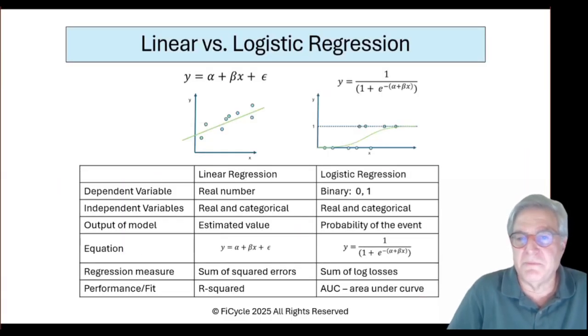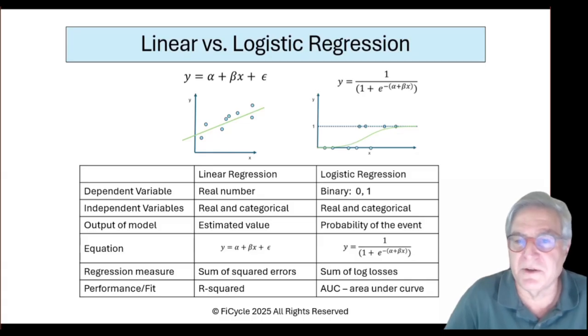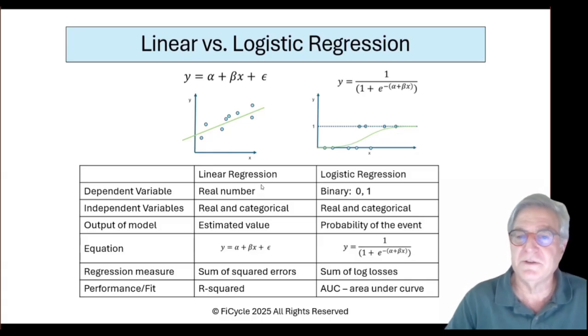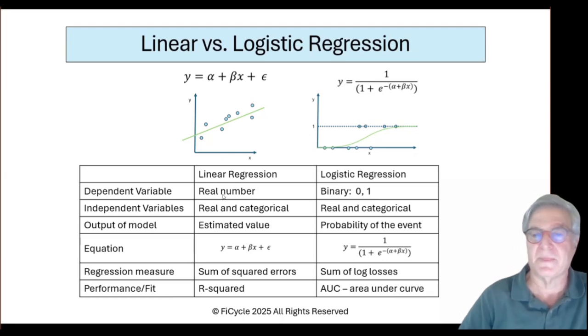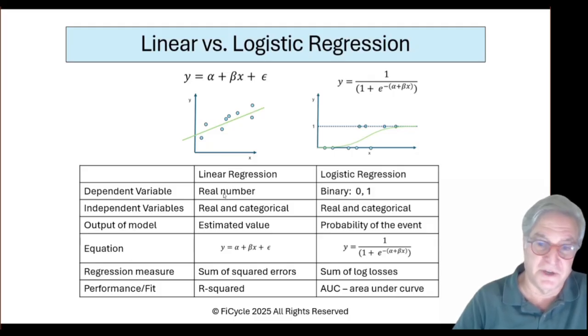So let's just quickly compare linear versus logistic models. For a linear model, we use the function alpha plus beta x plus epsilon, or error. And for a logistic model, we're going to use this function where we put the log odds into here, do the regression in this portion of the model, and then we can convert it into a probability. So in a linear regression, our dependent variable is a number.